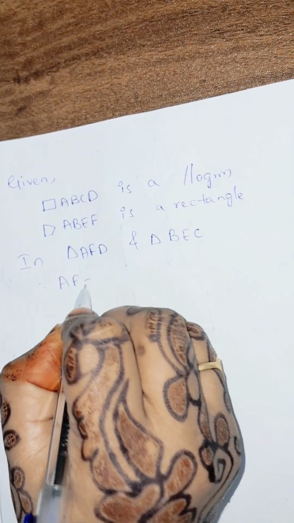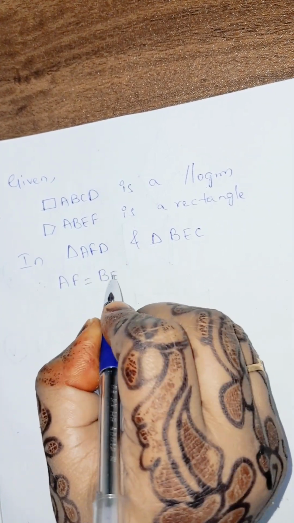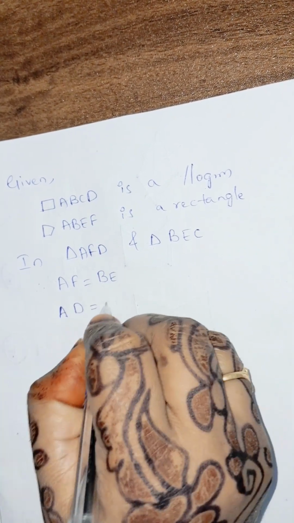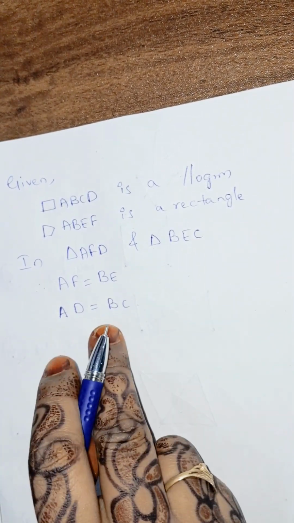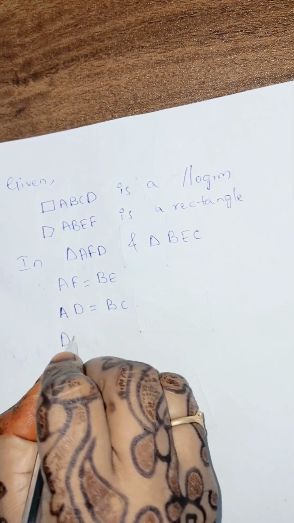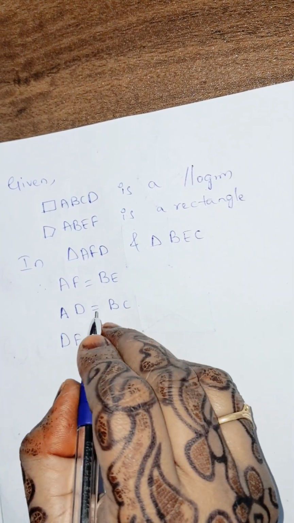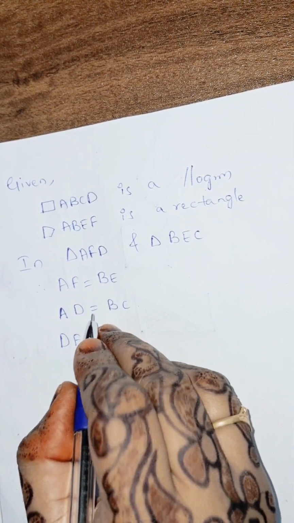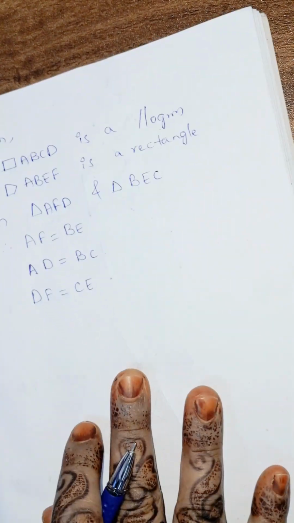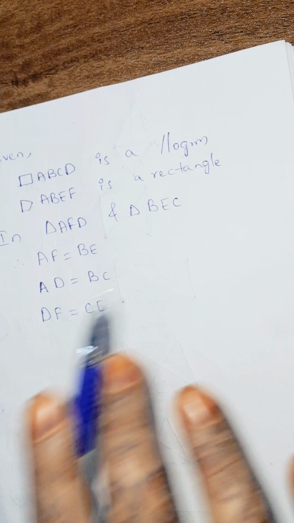AF is equal to BE, right? Because it is a rectangle, opposite sides will be equal. And AD is equal to BC, right? Opposite sides of the parallelogram will be equal. So by this you can see DF is equal to CE, since here also in the diagram you can see that both are equal.